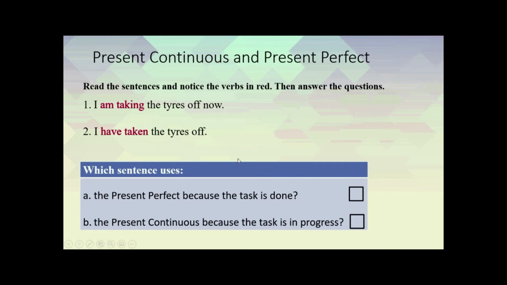So A is number 2 and B is of course number 1. So you use the present continuous to say what you're doing now, and the present perfect to say what you have done. Now let's take a look at the structure of both the present continuous and the present perfect.